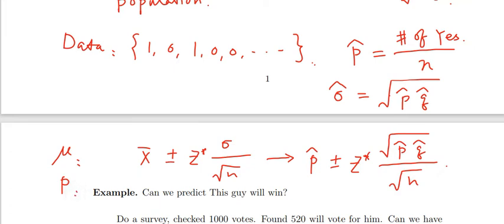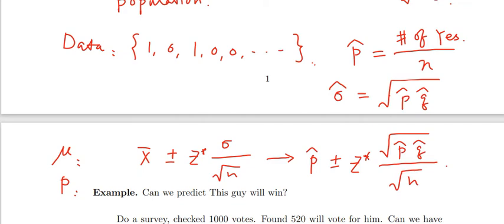A survey is a really common story in our daily life, right? For marketing surveys, we check how many people, or what percentage of people, like our product. And for an election, we want to predict who will win.